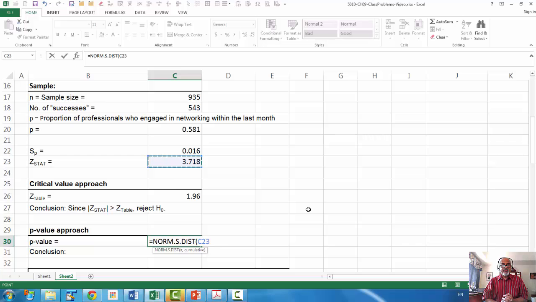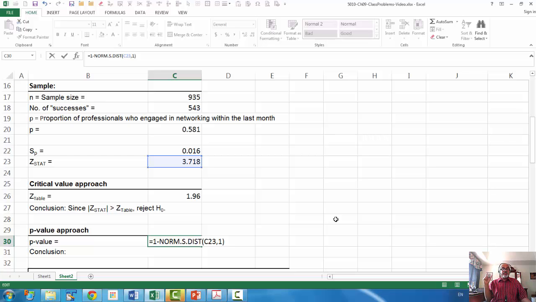Okay, that's going to give us the cumulative area. So if you do comma 1, that will be the cumulative area, but we want the tail area. So what we need to do is to make this 1 minus the cumulative area. Now that will give us the tail.